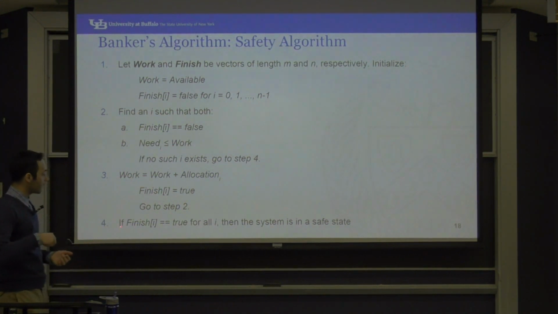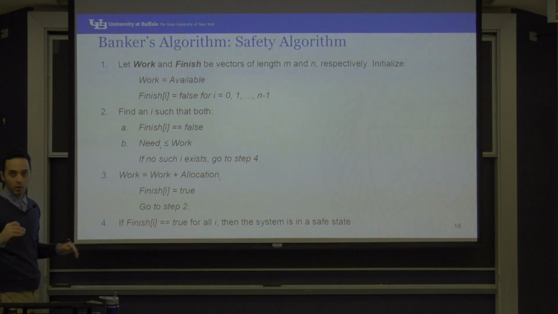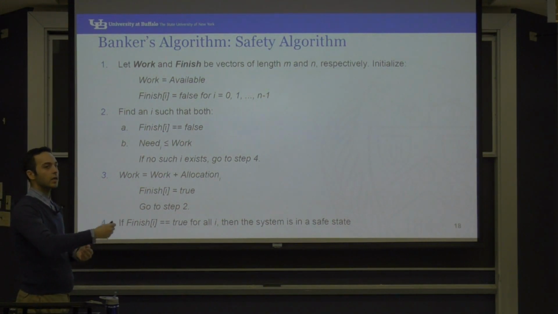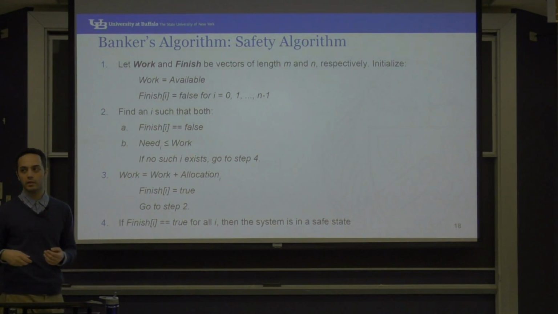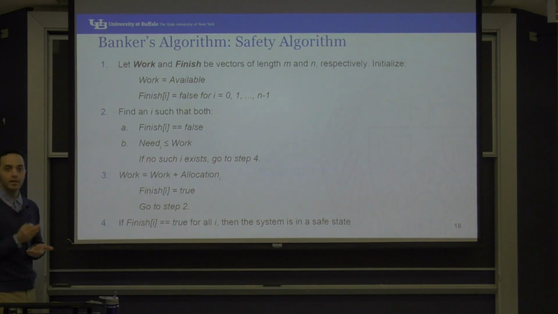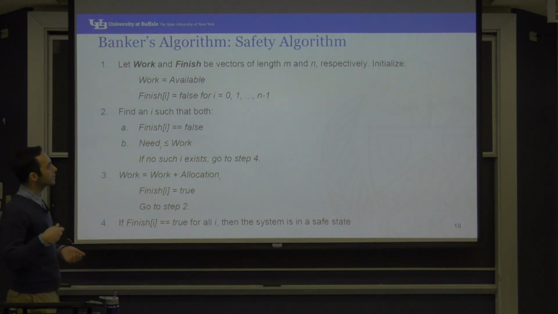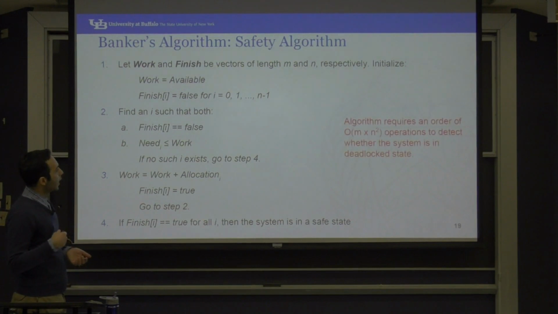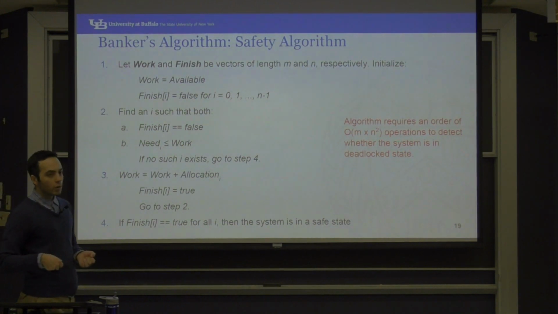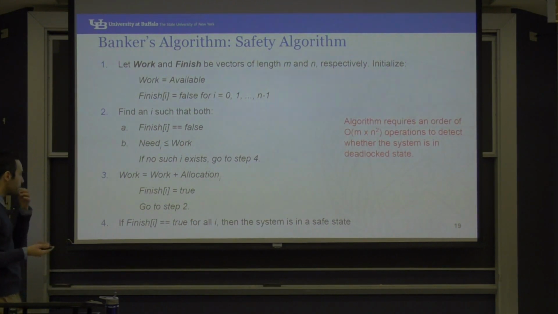In the end, if all the processes are finished, we have found an order in which all of them can be finished, then the state of the system is safe, and we have a safe sequence. If not, then we are unsafe. So this is the safety algorithm. This algorithm requires an order of m times n squared operations, so it's pretty expensive.